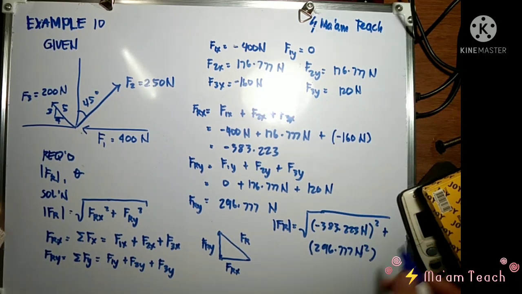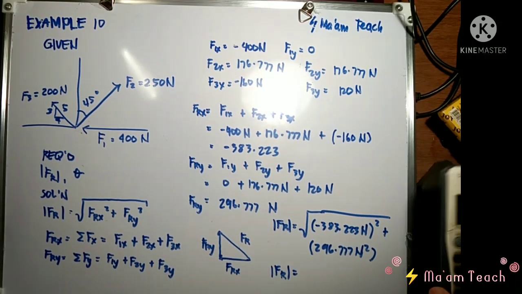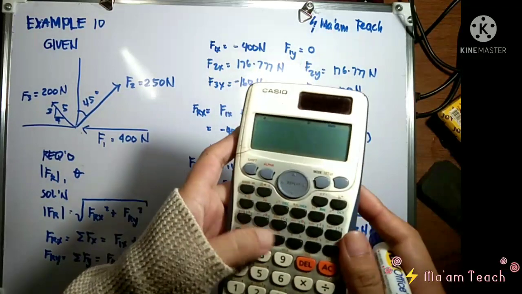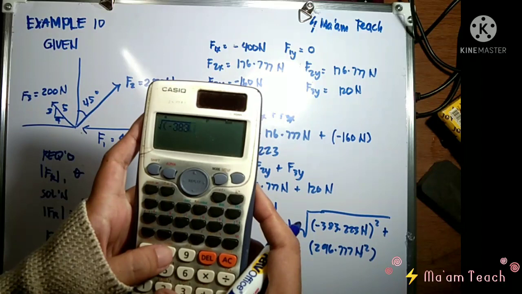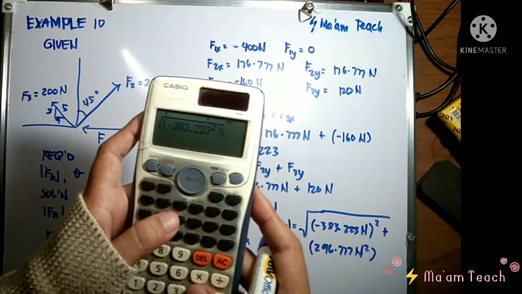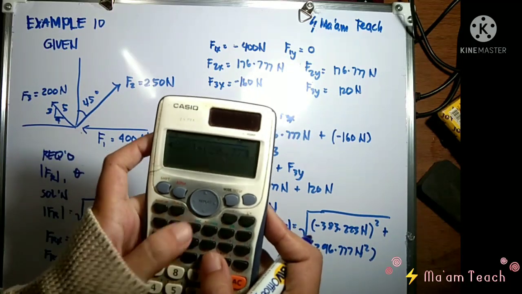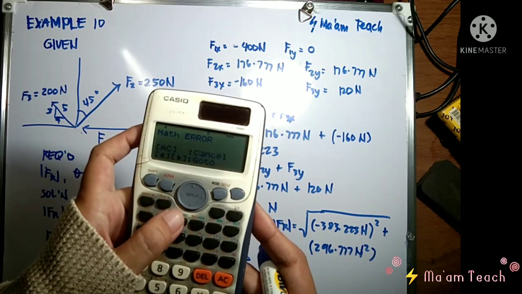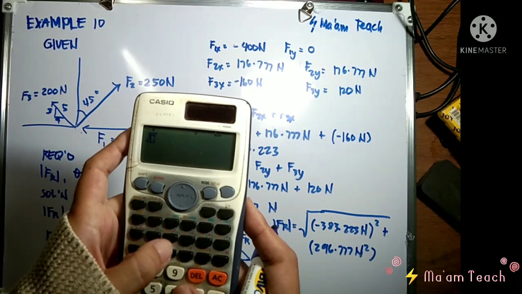Okay, so you have to get the square root of that, and that will be the magnitude of your F sub r. Okay, so we have here square root of negative 383.223 squared plus 296.777 squared.